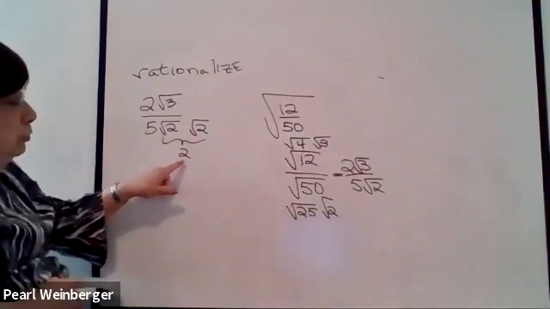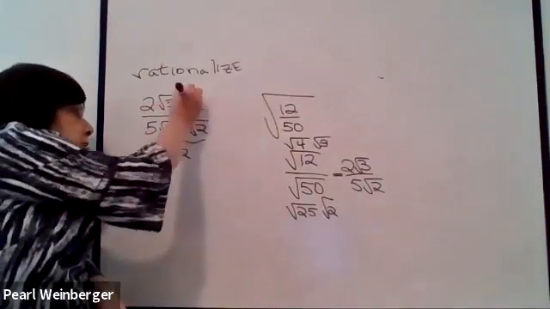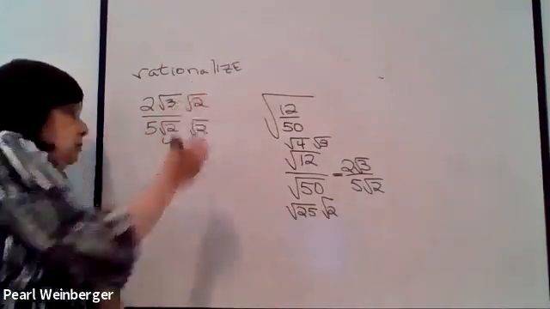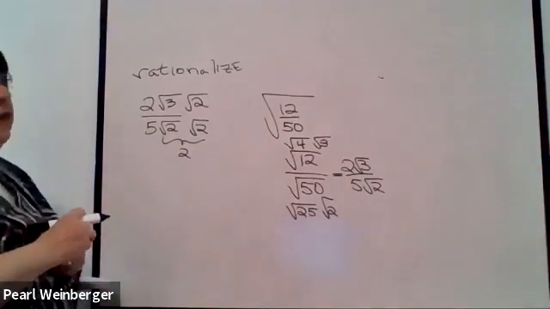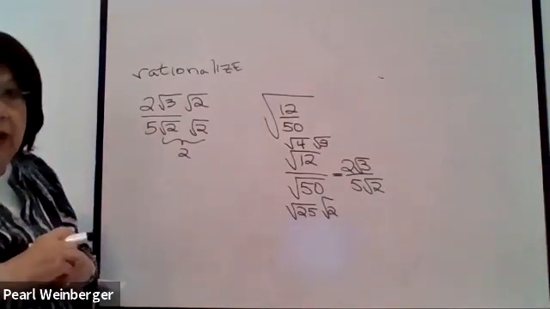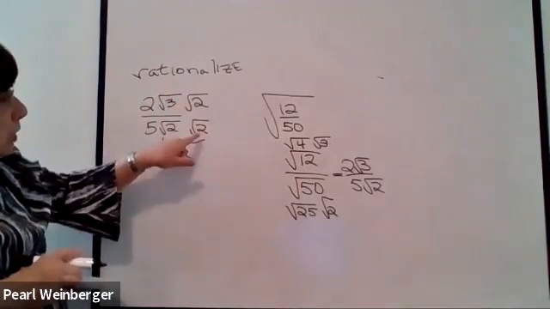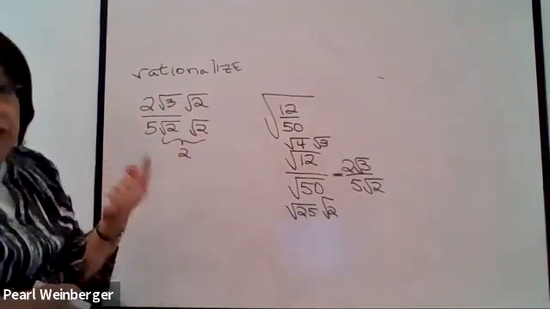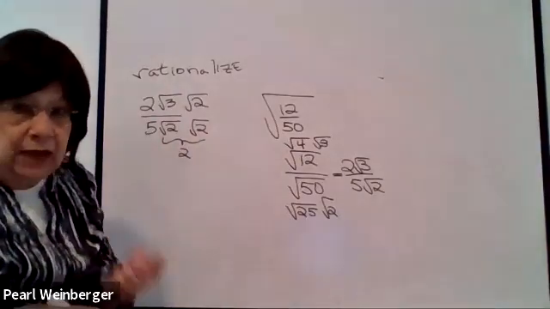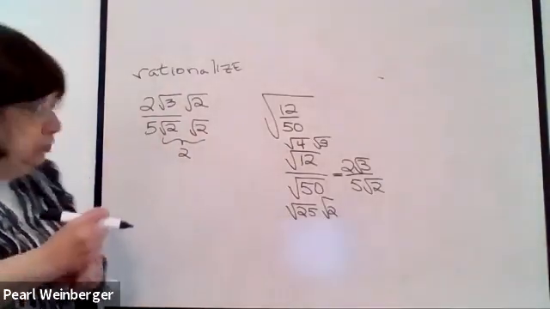But whatever I do to the denominator, I have to do the exact same thing to the numerator. So I'm going to have to multiply the numerator by radical 2 as well. Remember, when you have radical 2 over radical 2, you're really just multiplying by 1, which means you're not changing the value of the fraction.